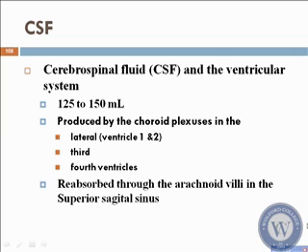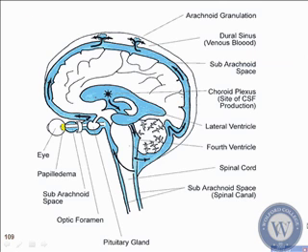Followed by the third ventricle, which is in the middle, and the fourth ventricle, which is down and leading out around the spinal cord itself. Okay? The CSF is produced inside the actual ventricles and then reabsorbed via the arachnoid villi in the superior sagittal sinus.